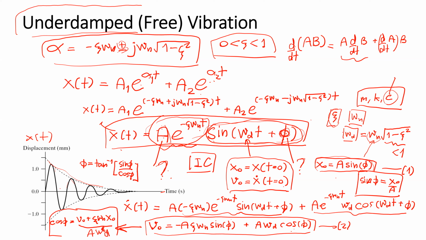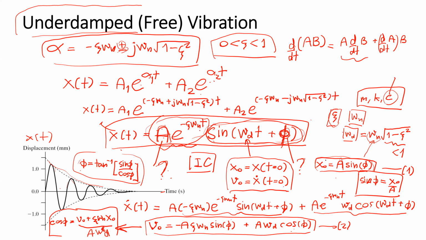So now you know how we can obtain A and phi for a given value of m, c, k. And once we know the phi angle, we can also obtain A by this relationship because we already know the initial condition x0.